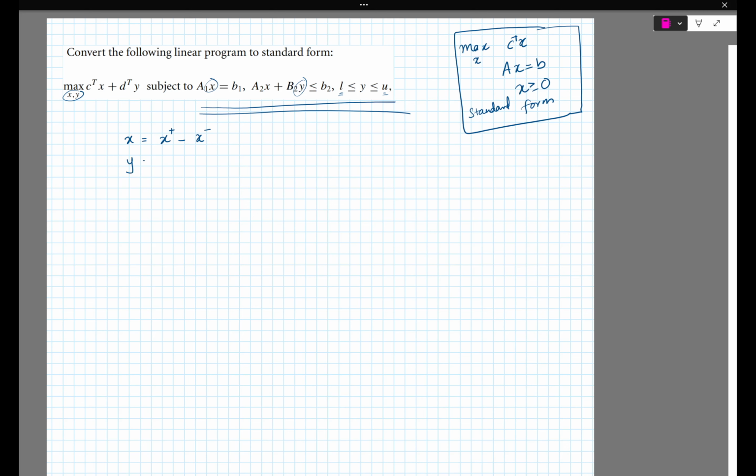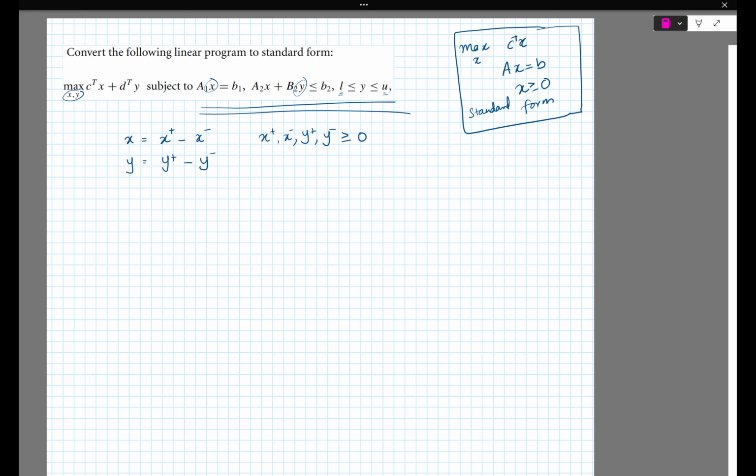Similarly you do for Y equal to Y plus minus Y minus, and you put constraints that X plus, X minus, Y plus, Y minus should be greater than or equal to 0. Okay, this looks okay, right?